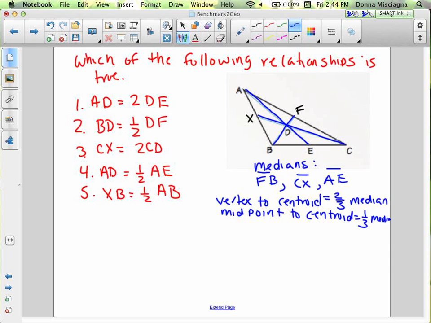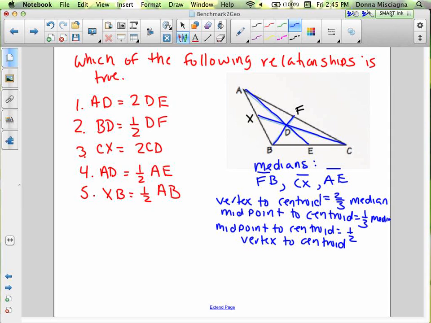We know that the midpoint to centroid equals half the vertex to centroid.